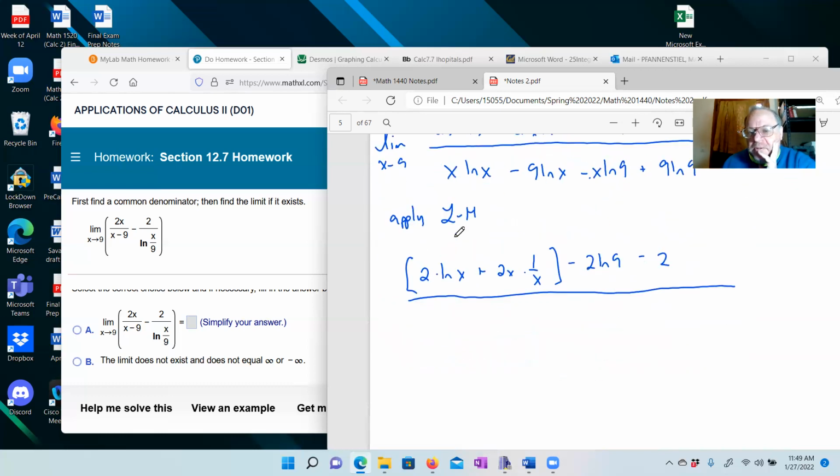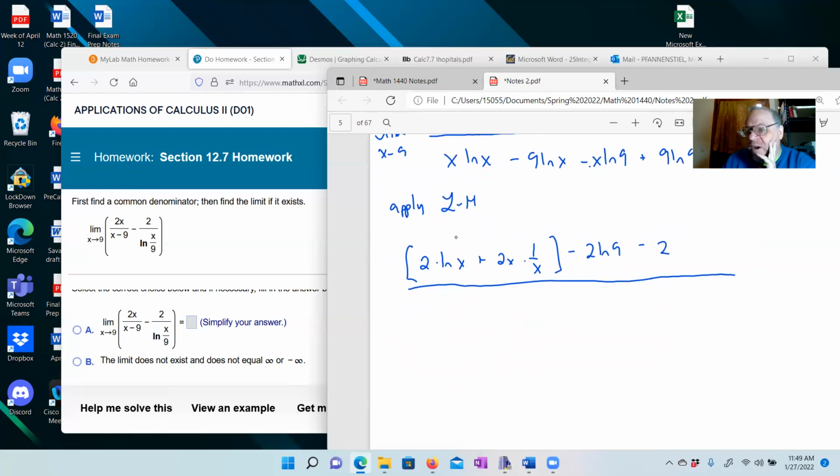So for the bottom, again, we could do a product rule. The derivative of the first here, just x, is 1 times ln x, plus the first, x, times the derivative of ln x, which is 1 over x. So this was the derivative of the product of this piece.